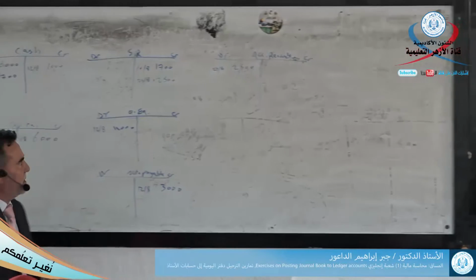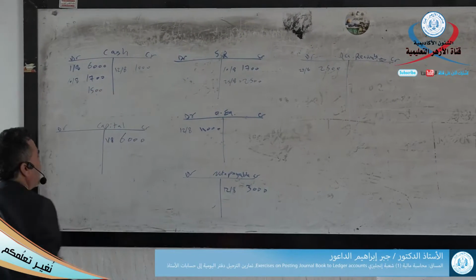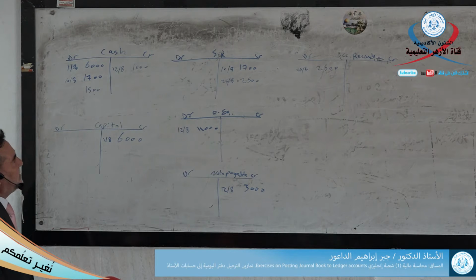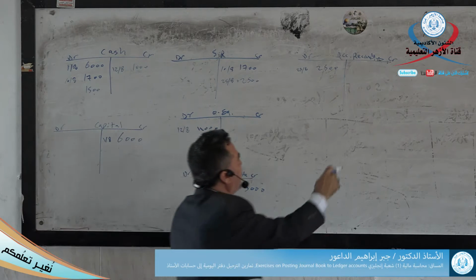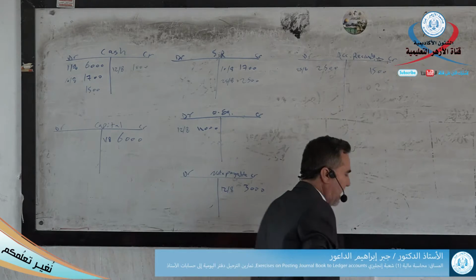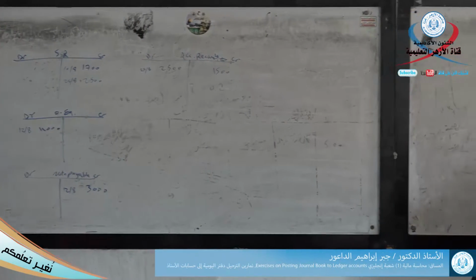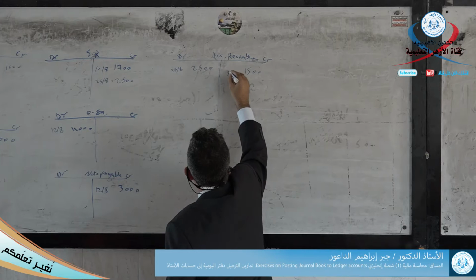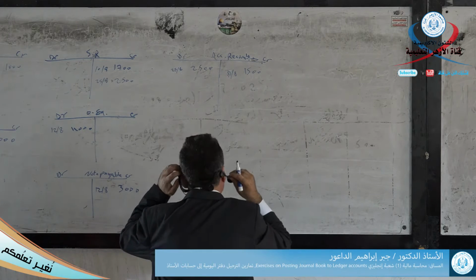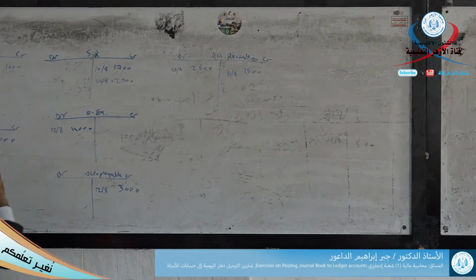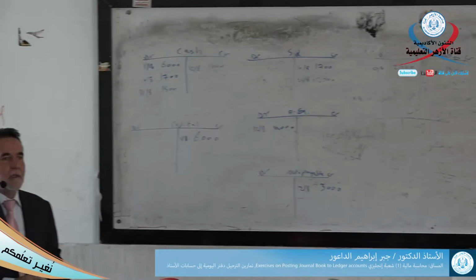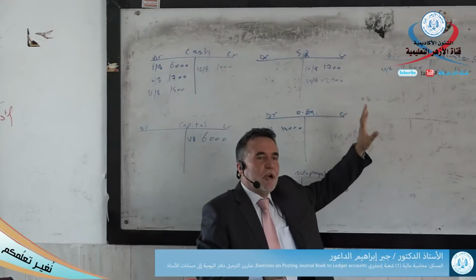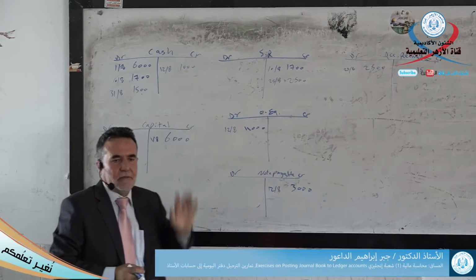Cash credit 1,500 and account receivable a credit by 1,500. 31st of August. So transferred from journal to ledger account.